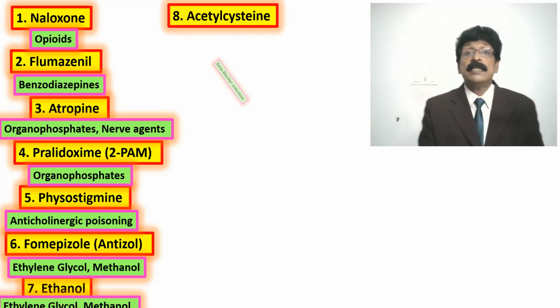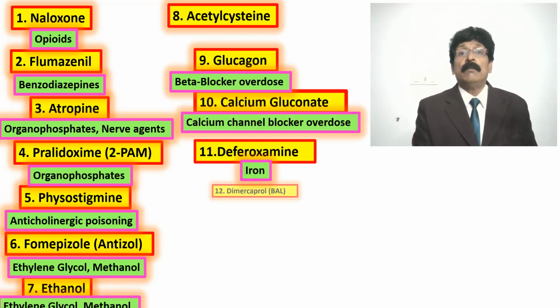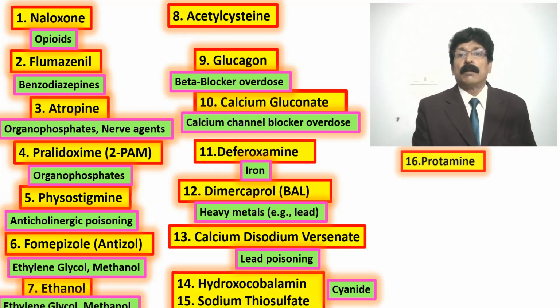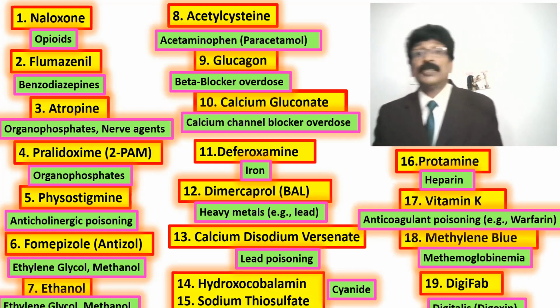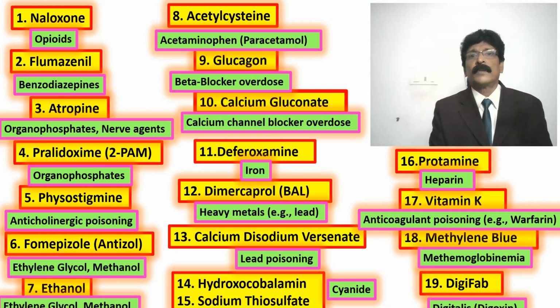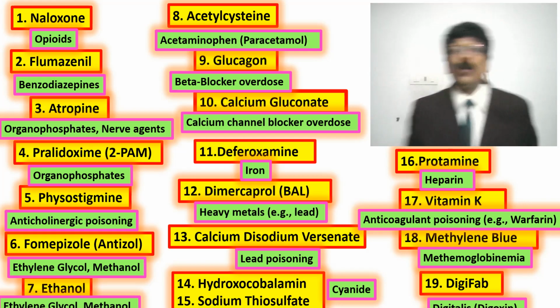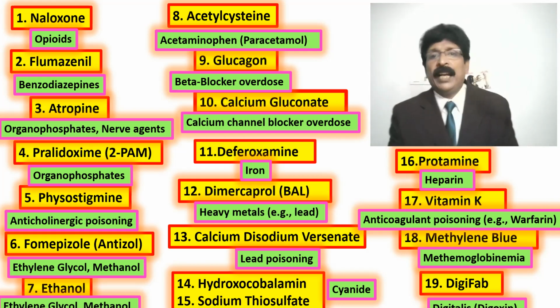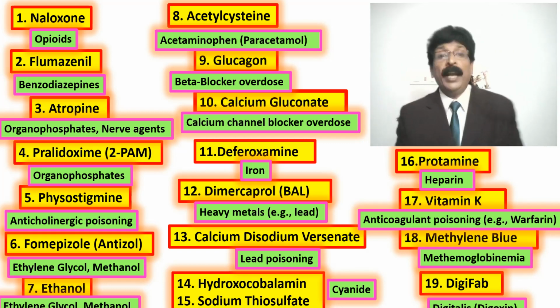Acetylcysteine is specifically for acetaminophen, paracetamol. Glucagon is for beta blocker overdosage. Calcium gluconate is for calcium channel blocker overdose. And deferoxamine is for iron poisoning.